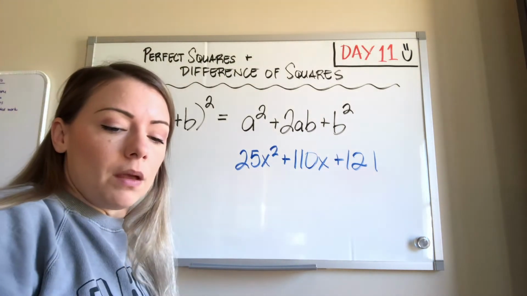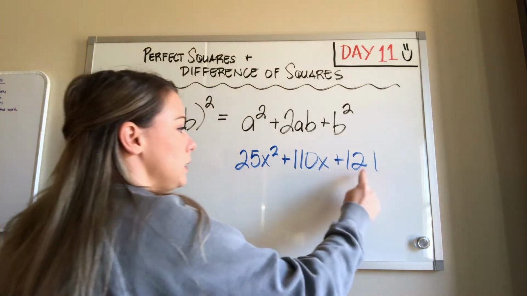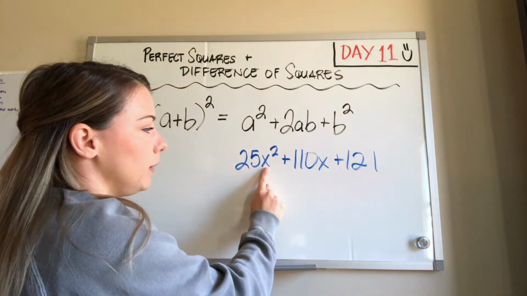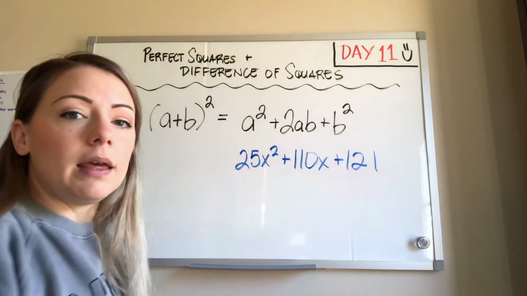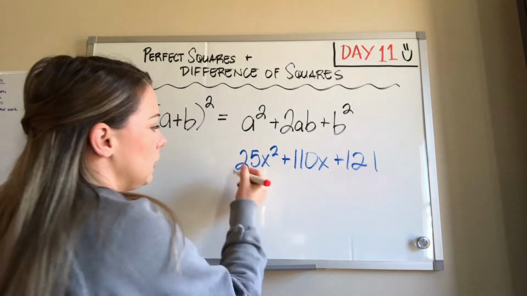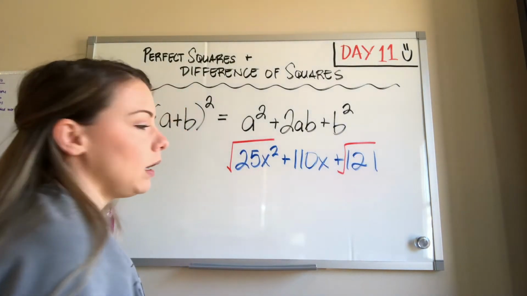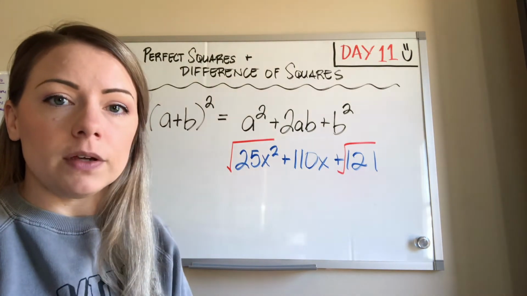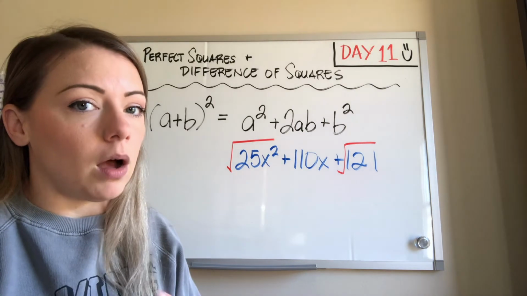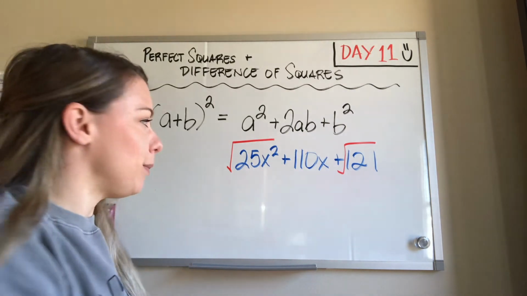So my steps would include checking to see if the numbers that I have here, as well as the variable of the first term, are perfect squares. That just means I'm going to take the square root of both of these, and if I get a whole number answer, then I'm heading in the right direction.